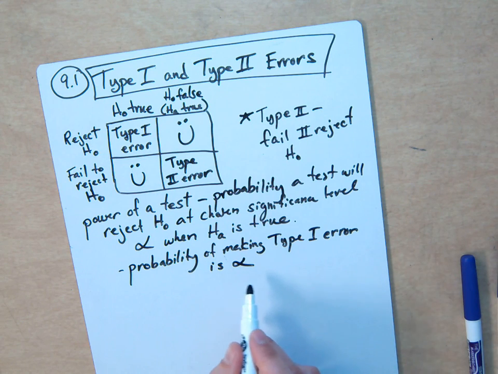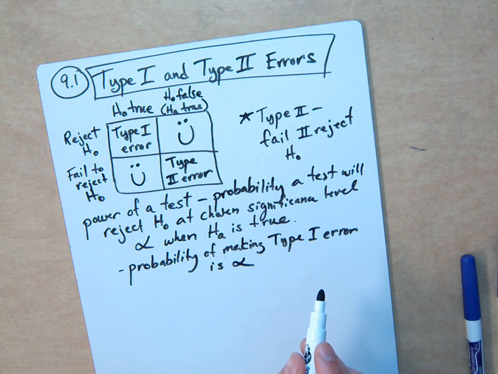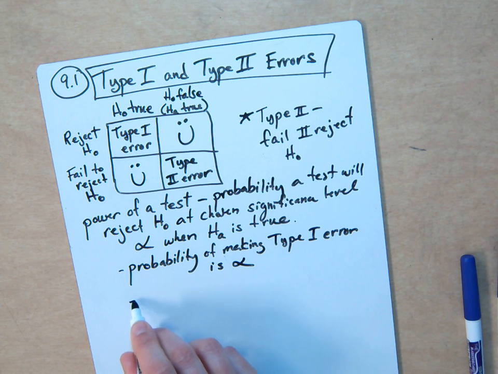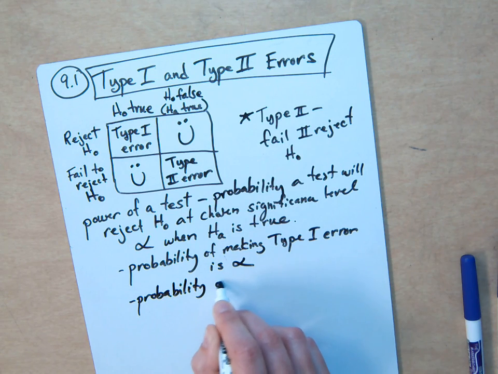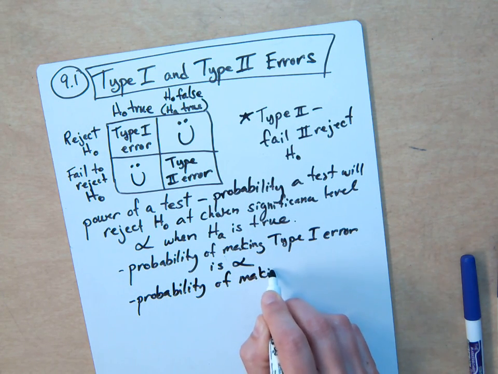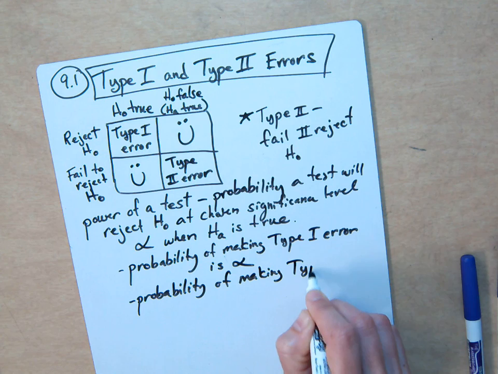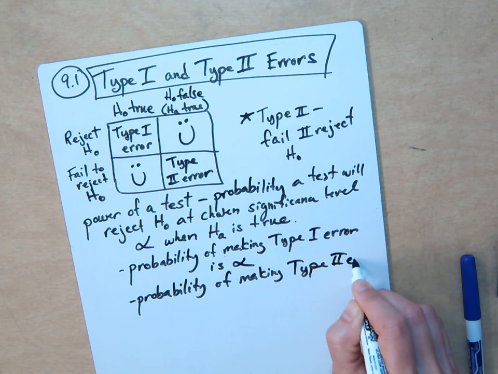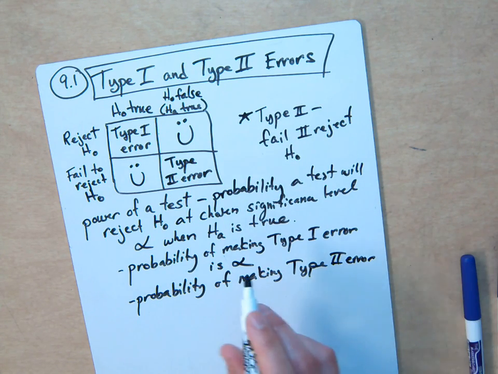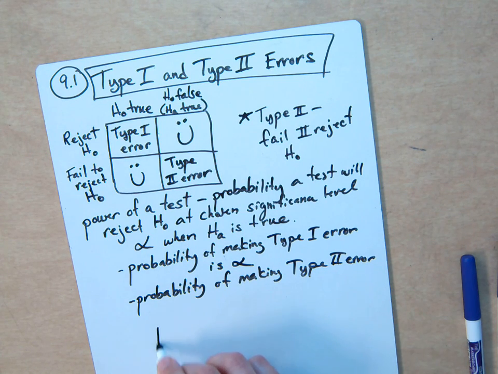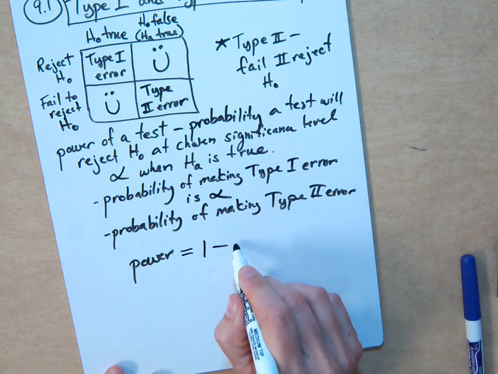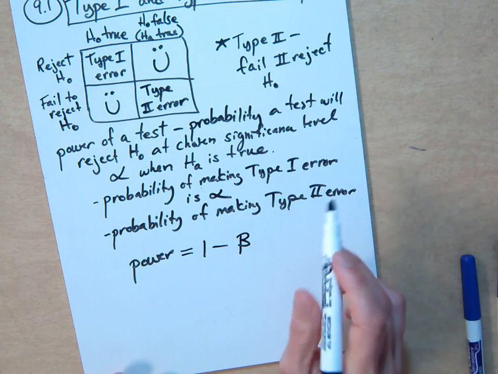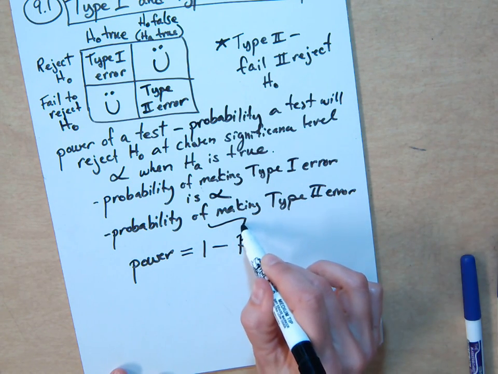The probability of making a type 2 error, this is the last thing for the notes, you can find it by using this formula: the power of a test equals 1 minus beta, where beta is the probability of making a type 2 error.